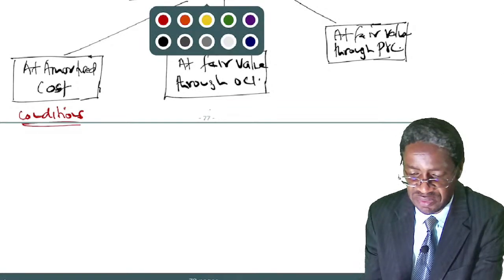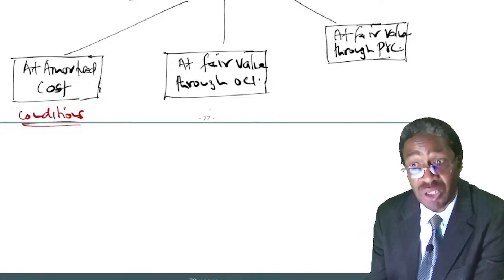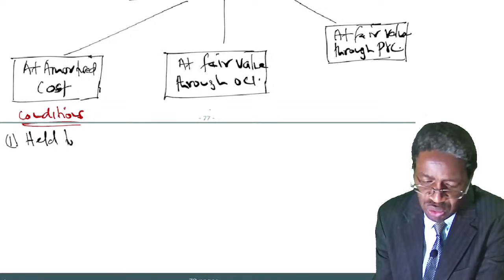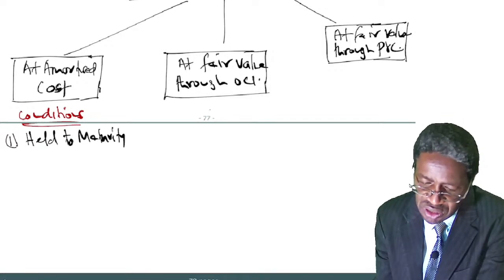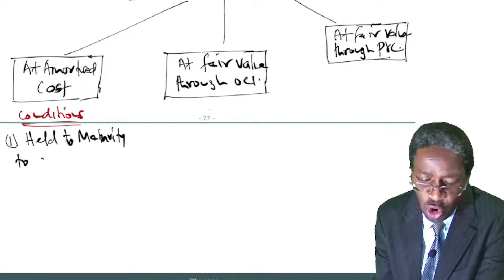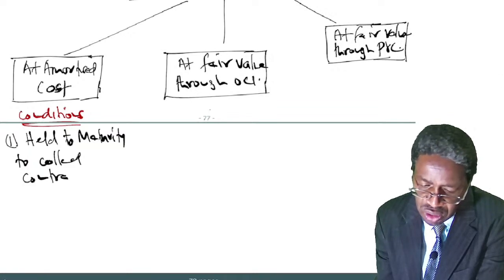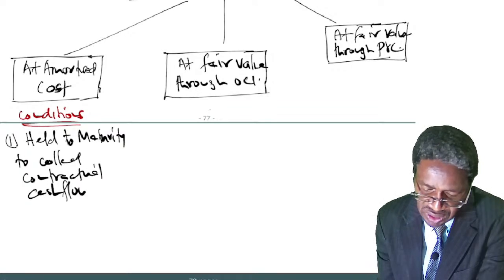Number one, for a financial asset to be measured at amortized cost, it must be one that is held to maturity to collect contractual cash flows.